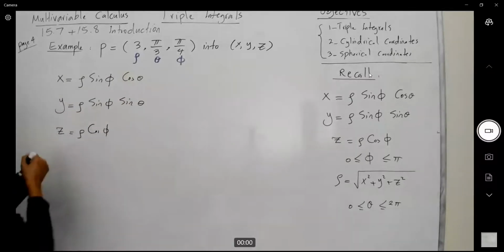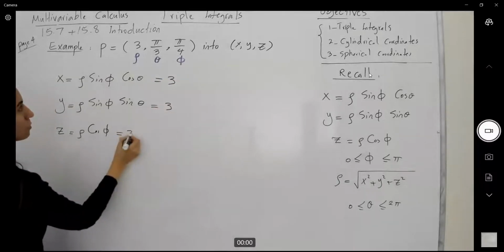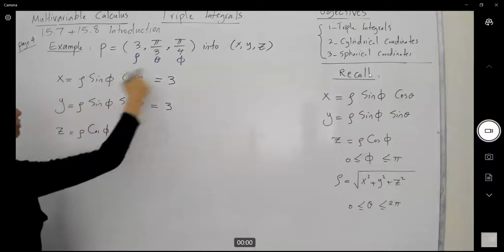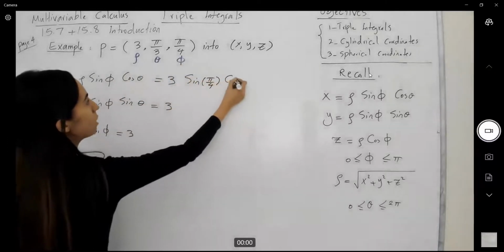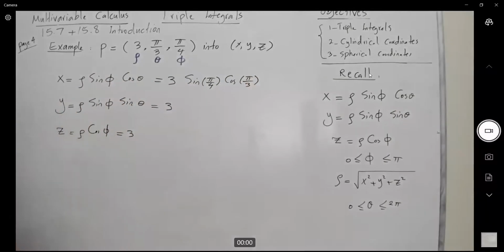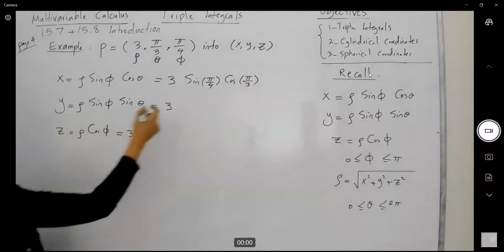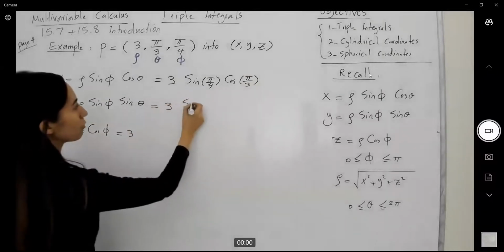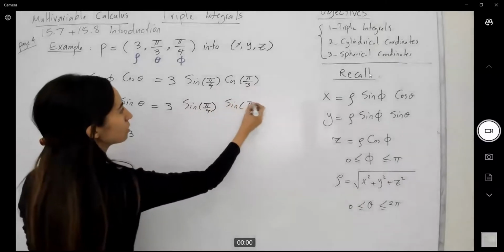Very well, our rho is equal to 3, and I have sine of phi, sine of pi over 4, times cosine of pi over 3. So here you have, again, sine of pi over 4 times sine of pi over 3.